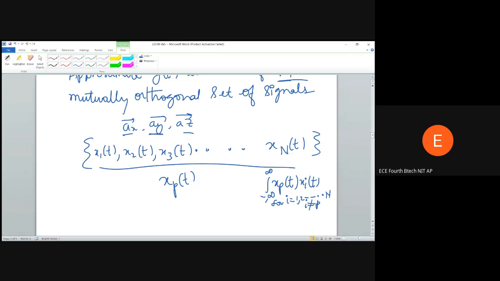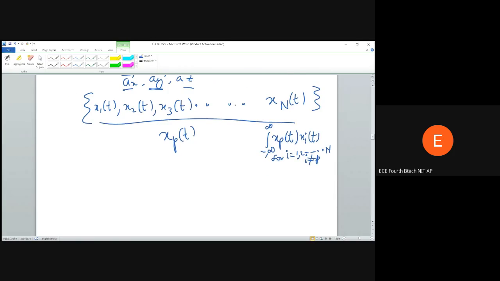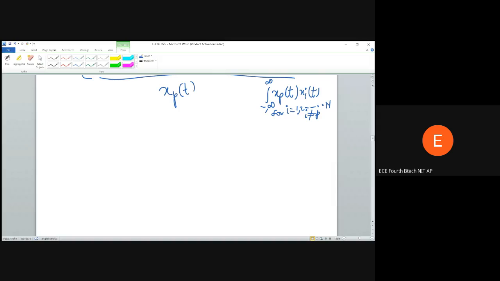So in such cases, because you are going to represent the signal g of t, you can write g of t can be approximated as c1, which is a coefficient, times x1 of t, plus c2 x2 of t, plus c3 x3 of t, and so on, plus cn xn of t. Initially we have taken a set of n mutually orthogonal signals, assuming that it is a complete set.